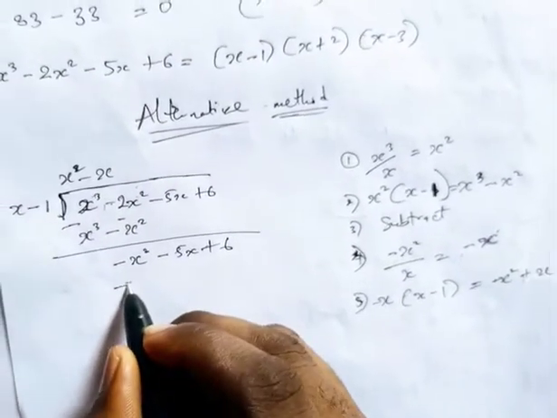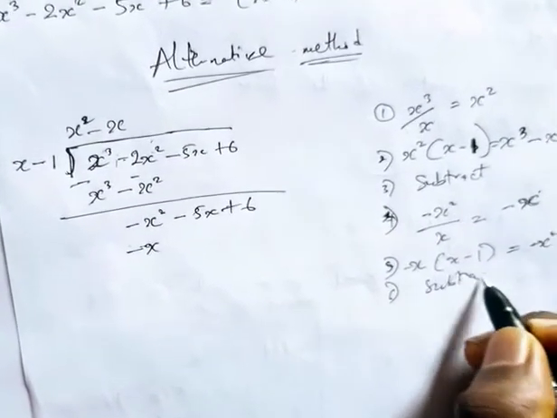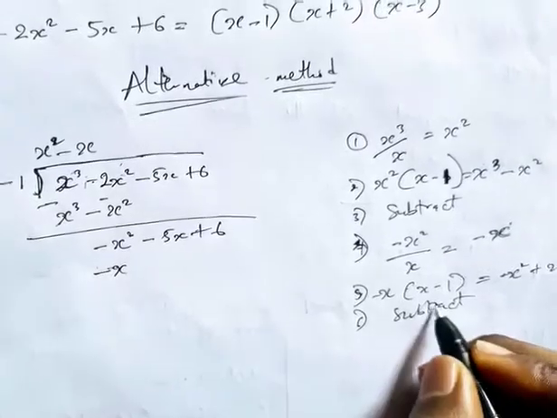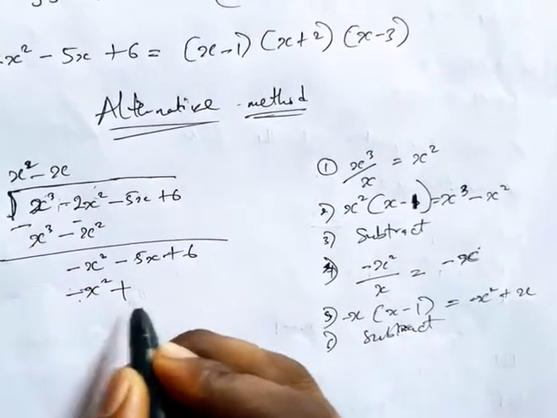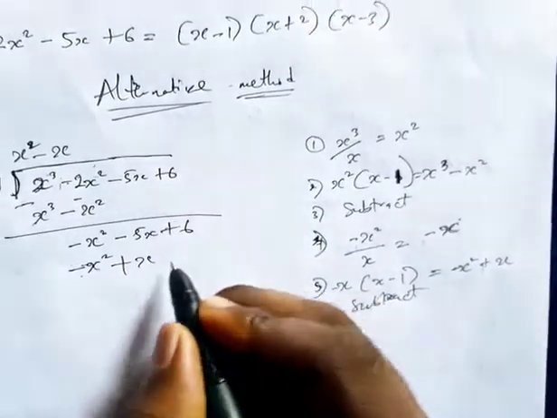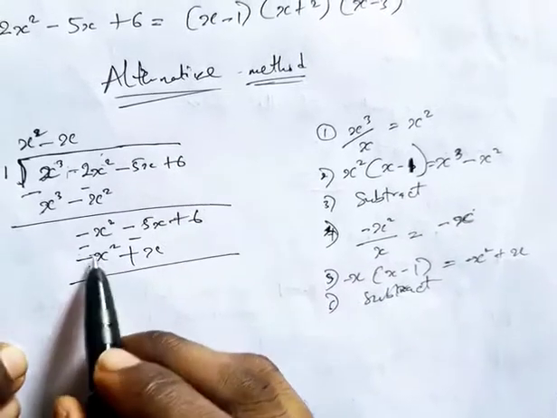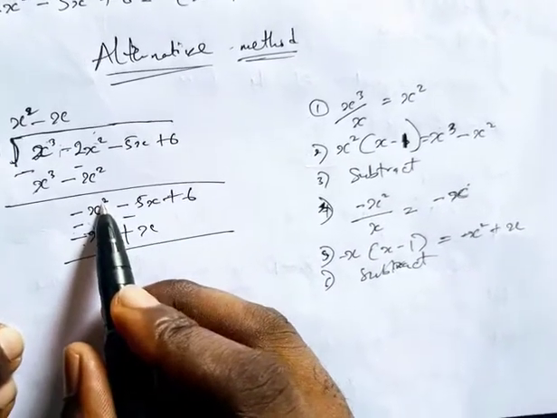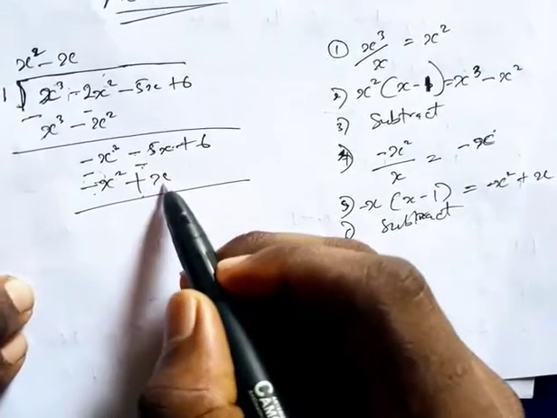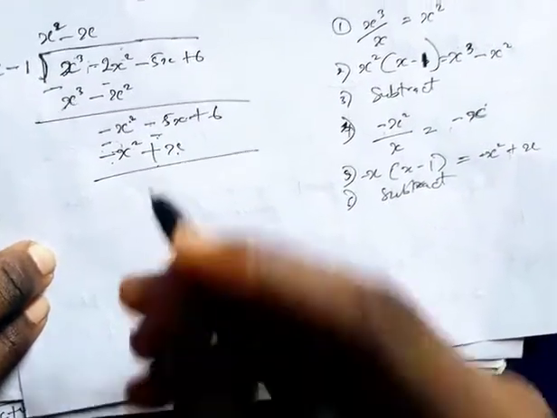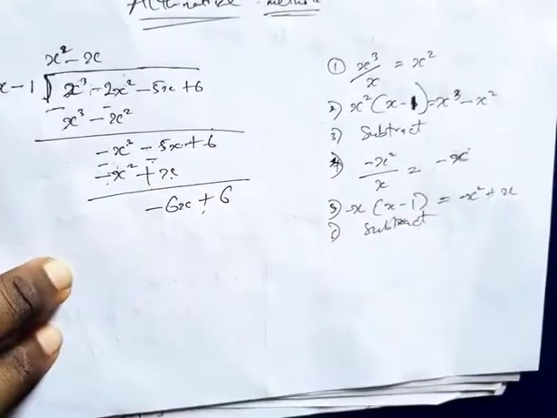So I subtract, which is the sixth step. And I'll get negative x squared plus x. So if I subtract, this becomes a positive and it cancels this out. And this becomes negative 5x minus x to become negative 6x. I bring this down again, plus 6.